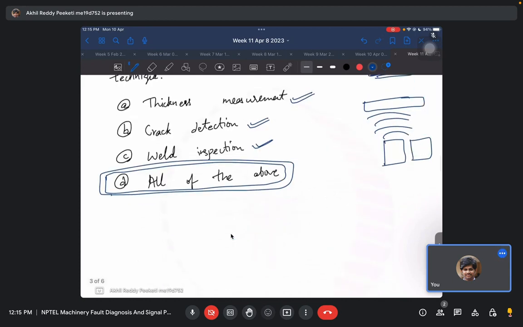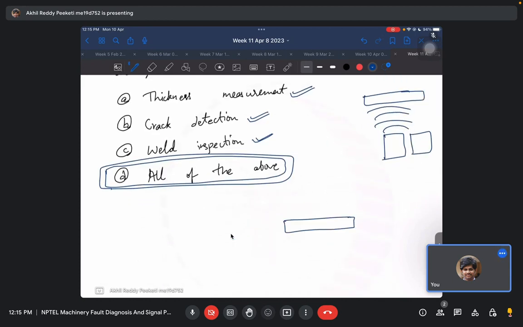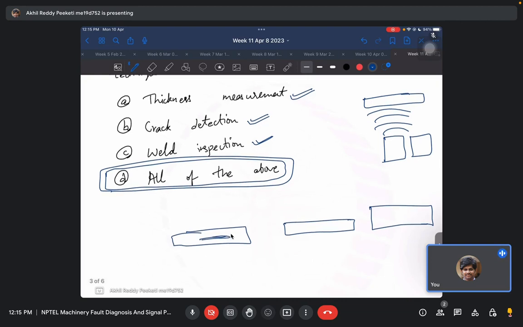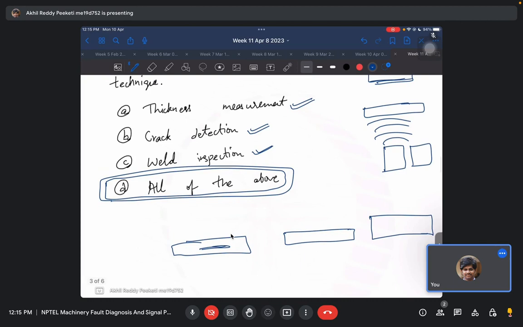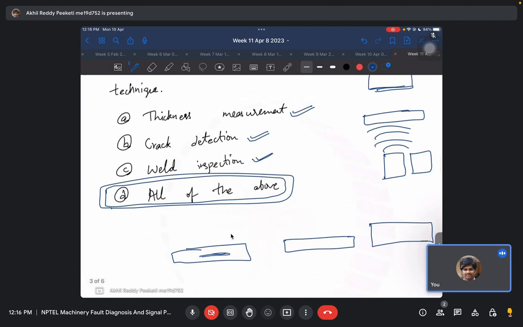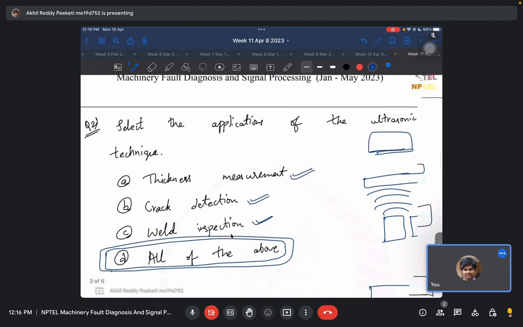Because if the sample is of a certain thickness and there is a different sample of higher thickness, the reflected waves from these two samples would be different. Similarly, a sample with a crack would have a different signature. So based on these distinguishing features of the waves, you can identify the cracks, measure the thickness, and do weld inspection.